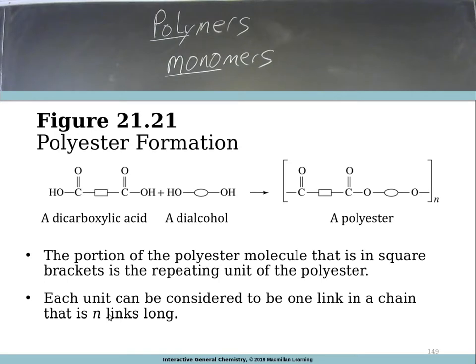And then the dialcohol also, it can be as long as you like in between, and then on either end there's an OH group.